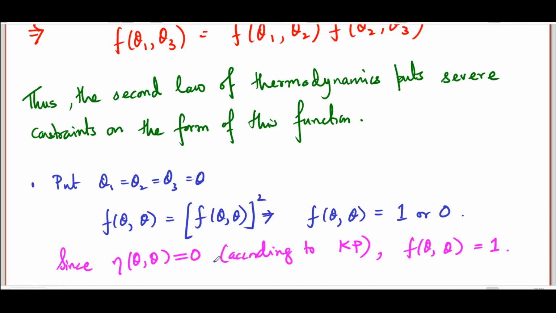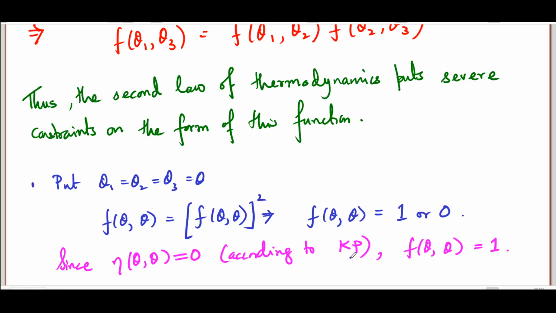Simply because if the efficiency had not been 0, then you effectively have an engine running with only one reservoir. After all, two reservoirs at the same temperature are effectively only one reservoir, and producing some work out of it, which would definitely be a violation of the Kelvin-Planck statement. Of course, if such an engine had been possible, then the first law would have guaranteed that its efficiency would have been 1.